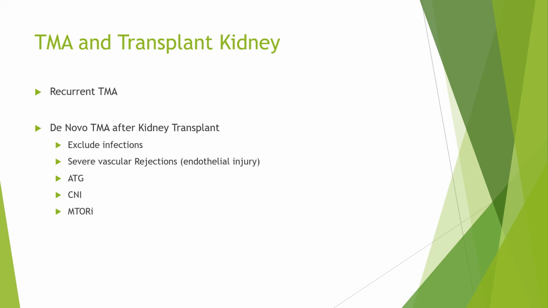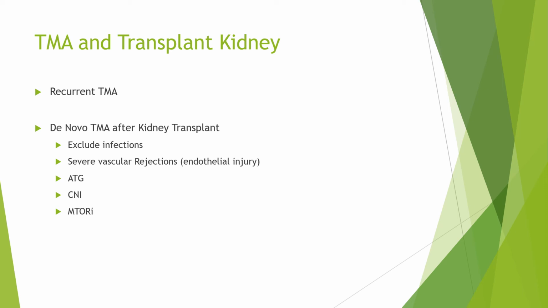TMA in the transplanted kidney is very interesting, even more interesting than TMA in the native kidney. So there are two types of TMA that can affect the transplant kidney. One is the recurrent TMA. So the initial diagnosis is TMA that led to kidney failure, and then the patient was assessed, suitable for transplant, got a transplant, and the primary pathology recurred.